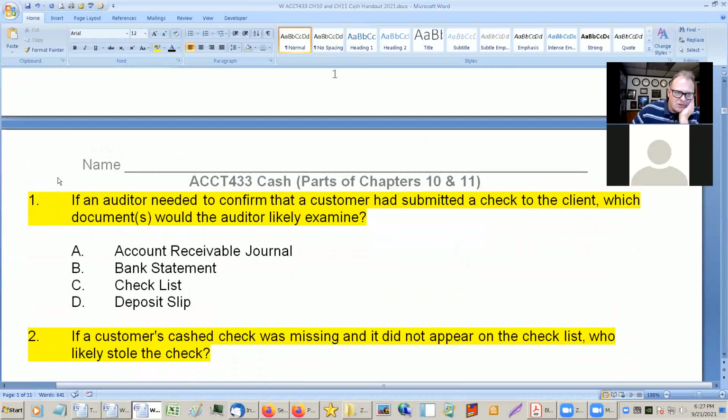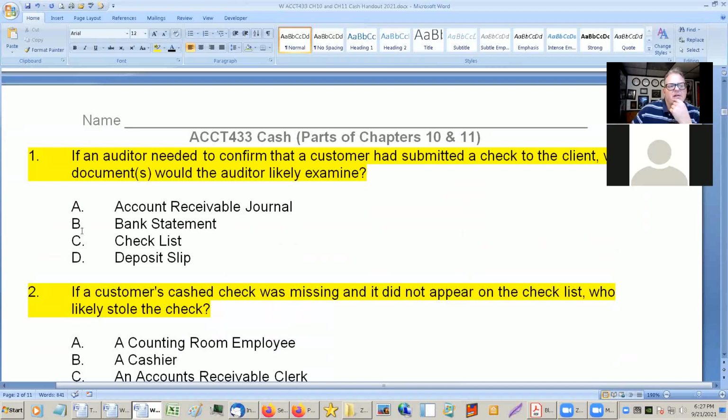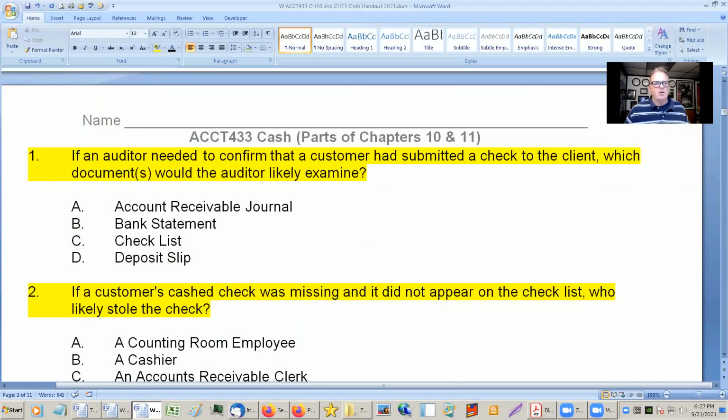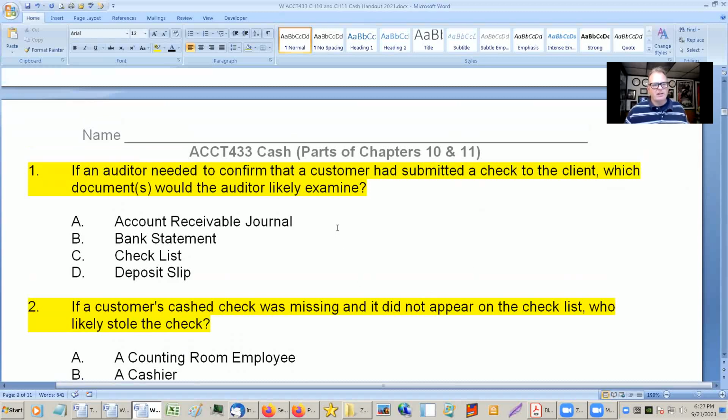So let's go down to some of these questions down here. If an auditor needs to confirm that a customer had submitted a check to the client, which documents would the auditor likely examine?